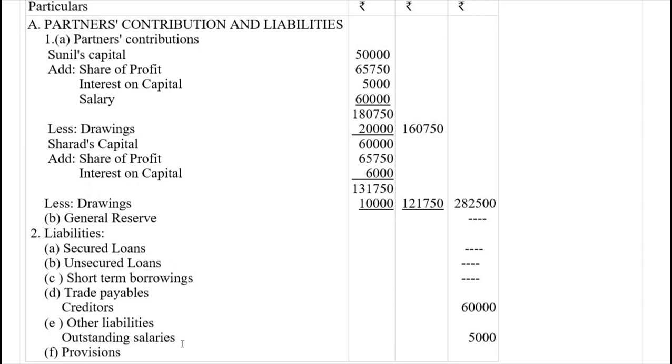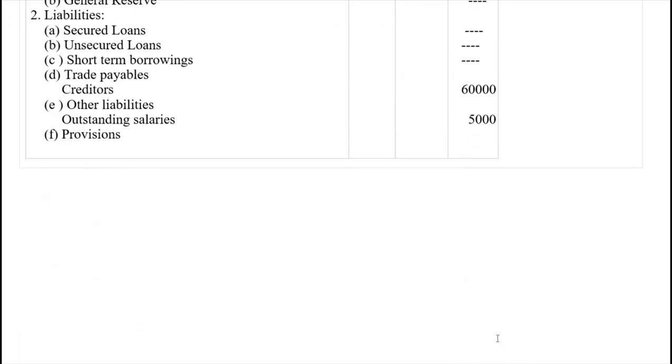Then the next one here, F, provisions. Of course, in this one we don't have any provisions. So in the provisions here, there is no taxation provision here.